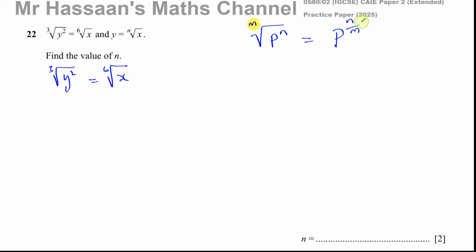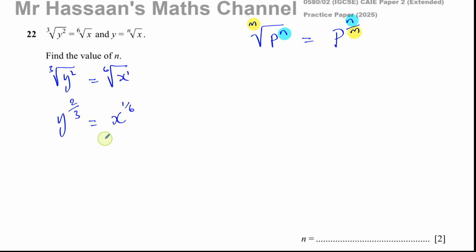So if we translate that to this, then we can write this as y to the power of, remember the power is the numerator and the root is the denominator, so y to the power of 2/3 equals, and here it's like you've got a 1 here, so this would be x to the power of 1 over 6, because the root is the denominator and the power is the numerator.